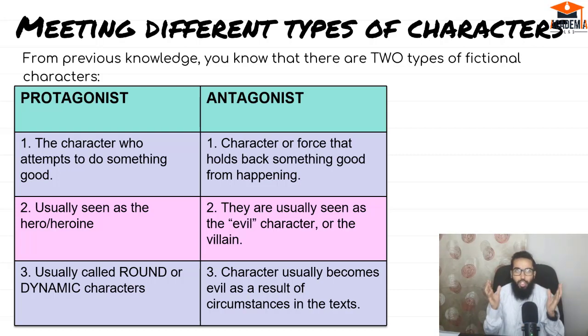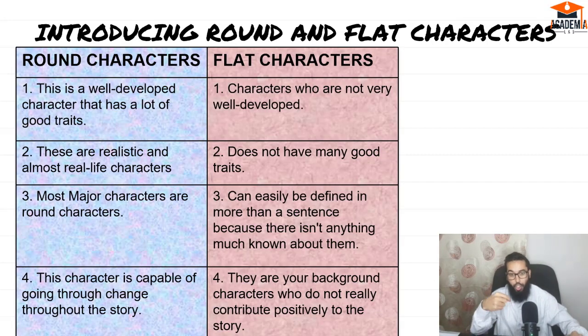They're not just born evil, but something happens throughout the story that makes them feel that they want to be the bad guy or the bad girl. So try to understand the difference between protagonist and antagonist so that you know how to identify these two characters in the texts.